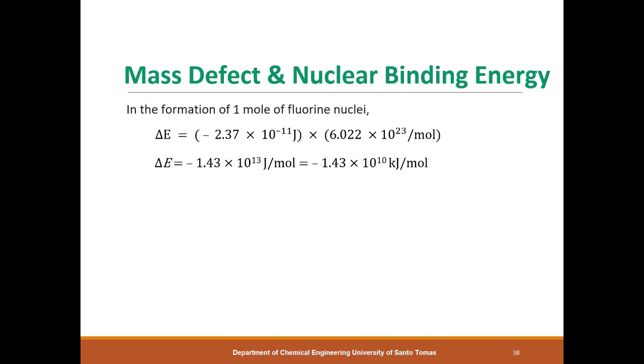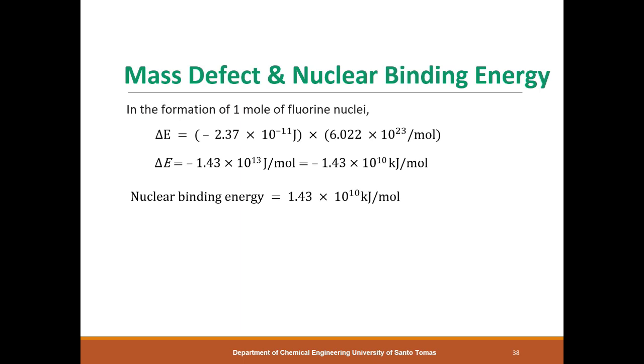So for this fluorine-19, the nuclear binding energy therefore is 1.43 times 10 to the 10 kilojoules for 1 mole of fluorine-19 nuclei, which is a tremendously large quantity when we consider that the enthalpies of ordinary chemical reactions are of the order of only 200 kilojoules. The procedure that we have followed can be used to calculate the nuclear binding energy of any nucleus.